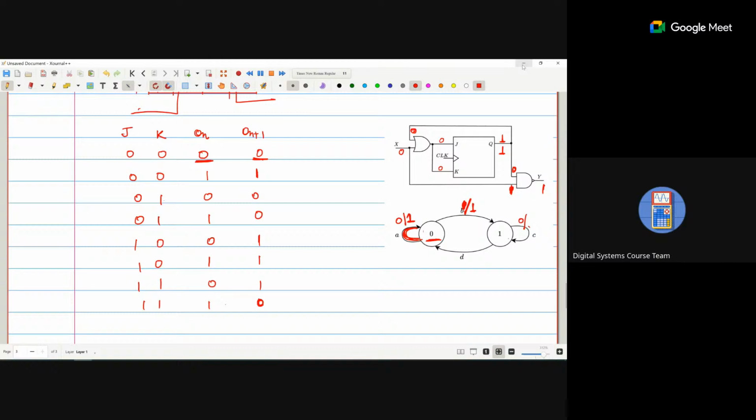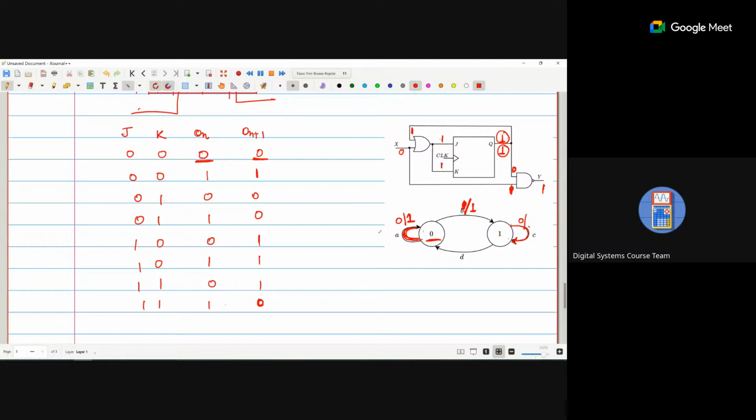Yes, C is none. Why is C none? Because we are considering the present state is 1 and next state is also 1. That means this loop. If present state is 1, that means this is 1. If this is 1, output is 1 and 1.